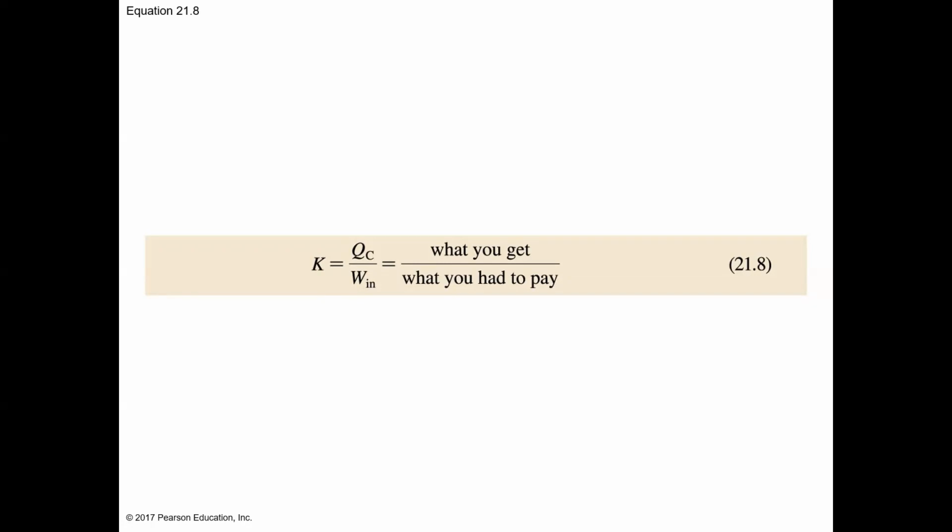You should go back and look at the definition of efficiency for a heat engine. Okay, so this is the definition of coefficient of performance, regardless of which PV cycle you're using. No matter how the refrigerator works, that's the definition of coefficient of performance. But if you read in the book, there's a particular coefficient of performance for a Carnot cycle.